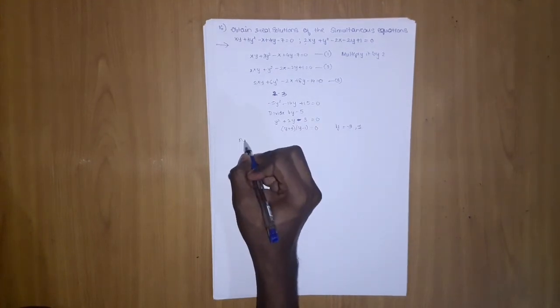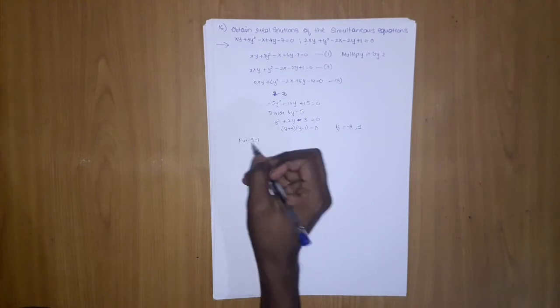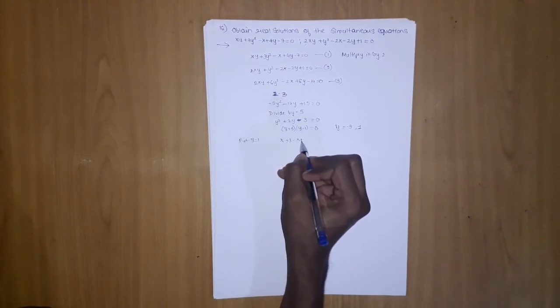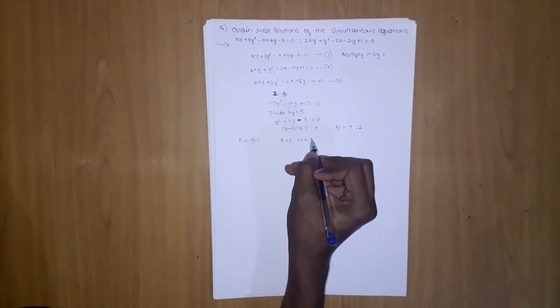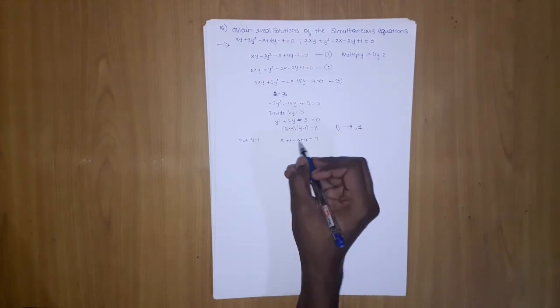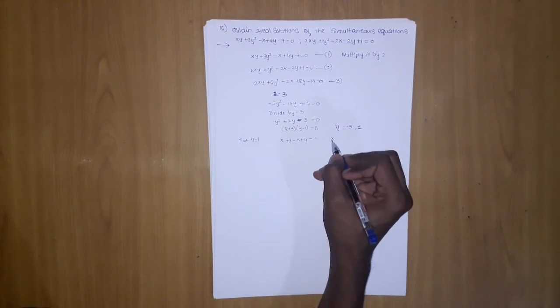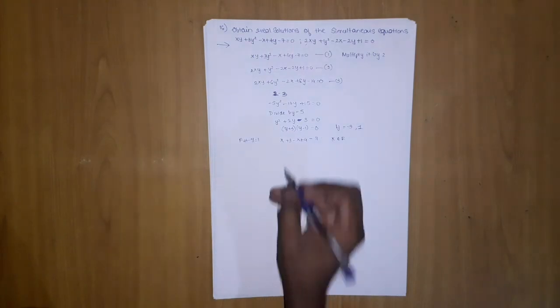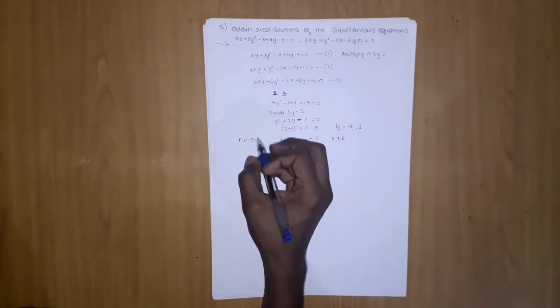So put y = 1. When we put y = 1, we get x + 3 - x + 4 - 7, that is, 4 - 7 and the x cancels, so x belongs to R for y = 1. Now I am putting y = 1 in the first equation.